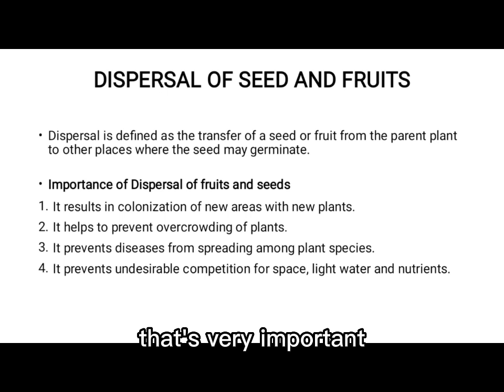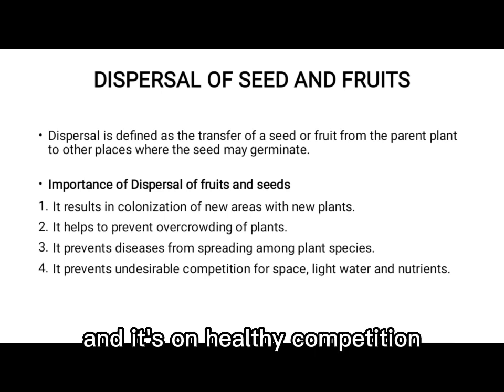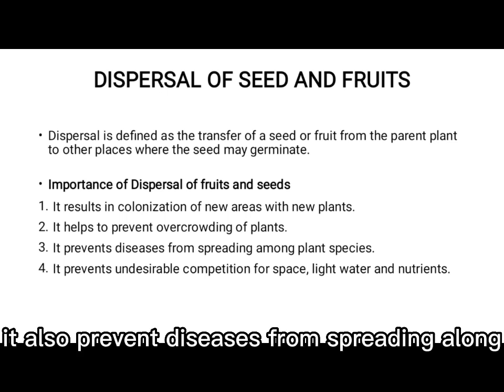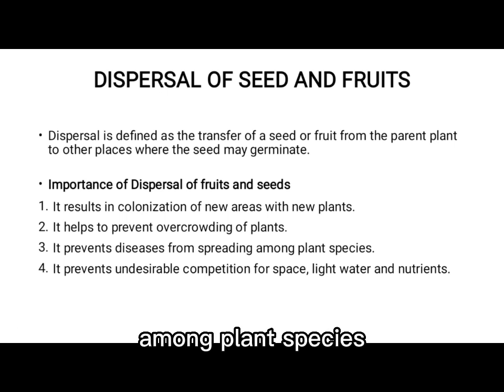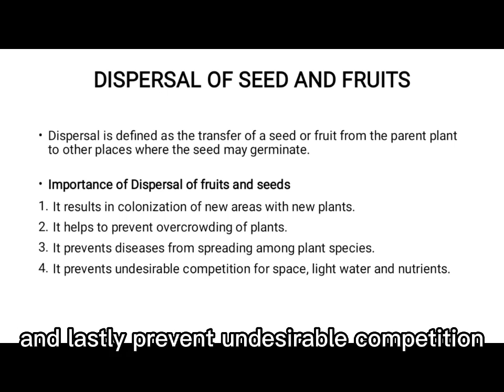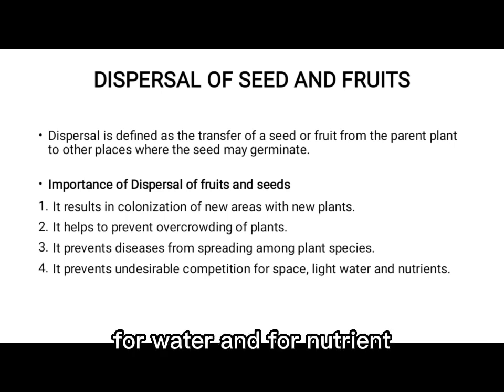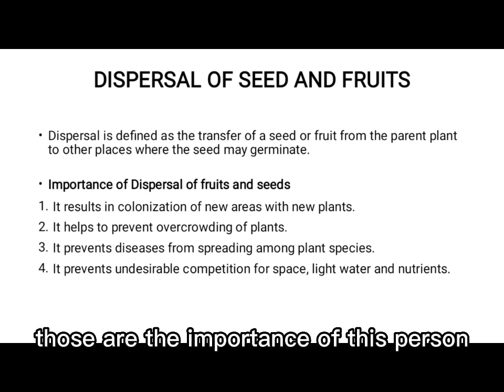That's very important, because when there's overcrowding, there's unhealthy competition. Apart from that, it also prevents diseases from spreading among plant species, and lastly, it prevents undesirable competition for space, for light, for water, and for nutrients. Those are the importance of dispersal.